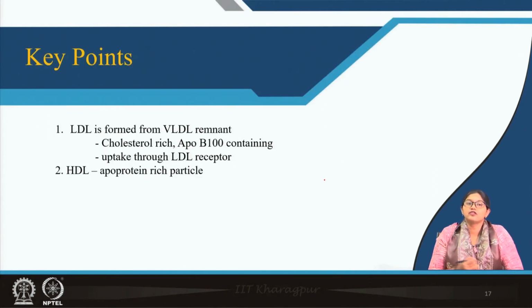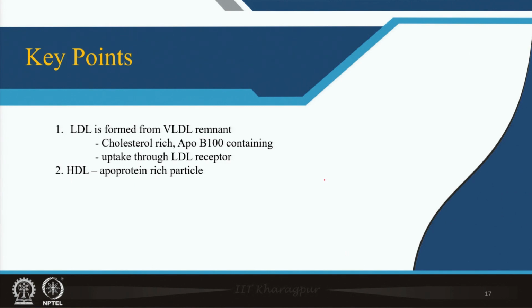So, in this session what we have learned is basically LDL and HDL metabolism. LDL is formed from VLDL remnant, and it is a cholesterol rich molecule containing ApoB100. Remember, this is very important. The apoprotein in LDL is ApoB100. The uptake of LDL is through the LDL receptor, and then again HDL metabolism.